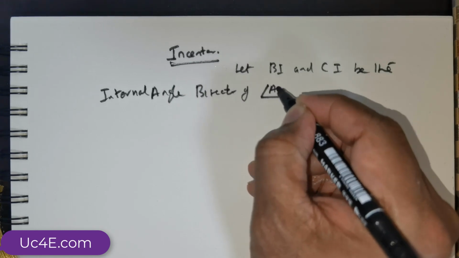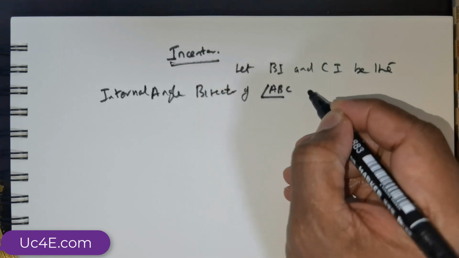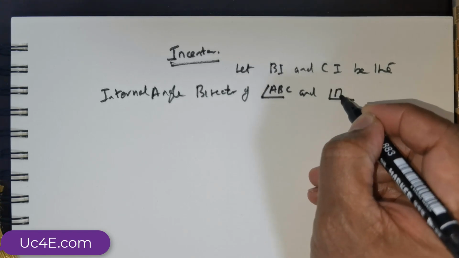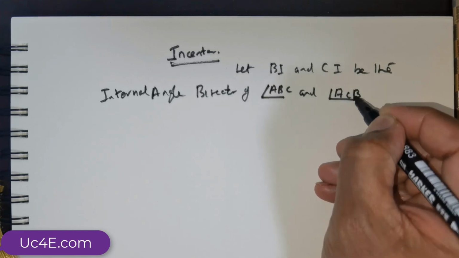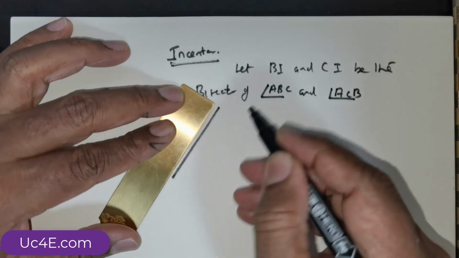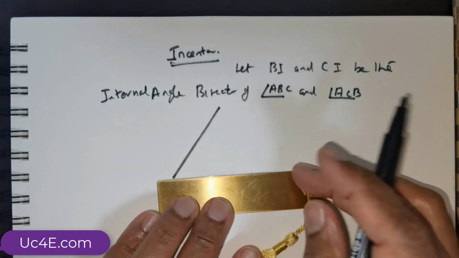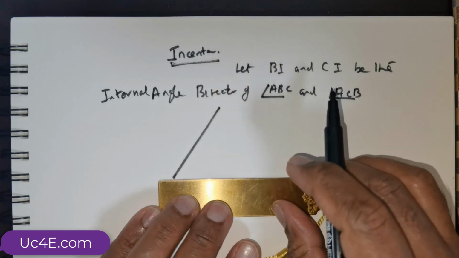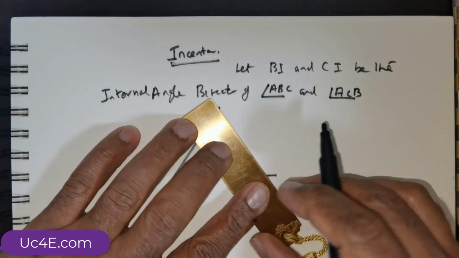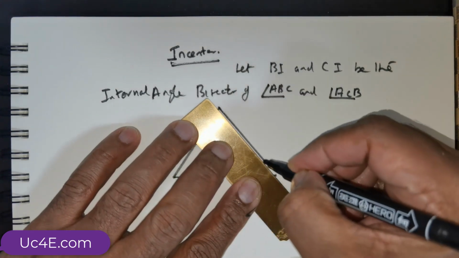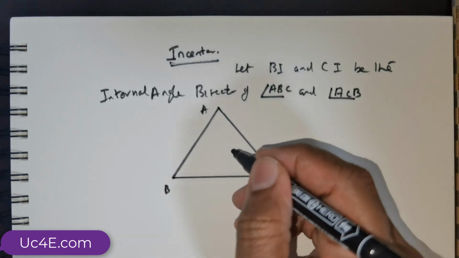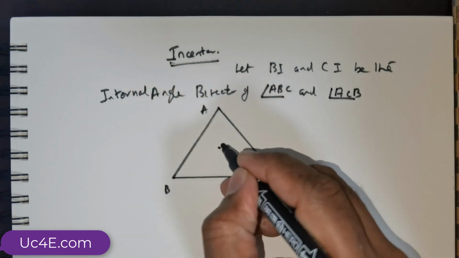So if I were to draw the figure, it would be of this nature. So you got A here, you got B here, you got C here, and you got I there.